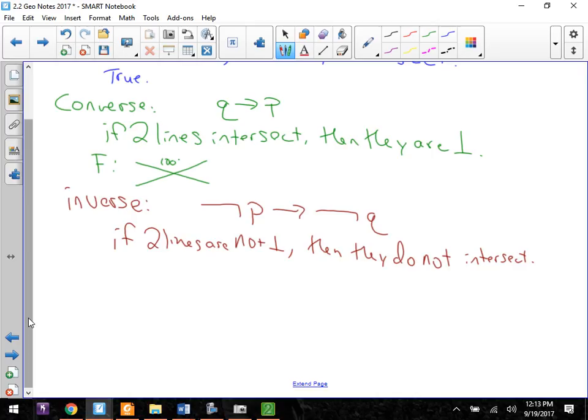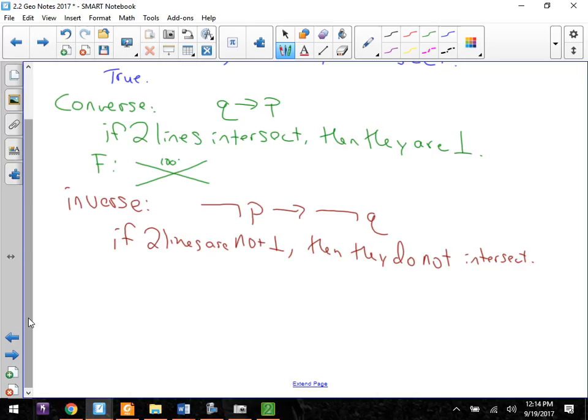Well, here there are two lines that intersect, and they measure 100 degrees. They still intersect. A lot of times with counterexamples, you don't have to come up with a new one. They work themselves out so that they fit multiple scenarios, especially as you get into the converse and inverse stuff.